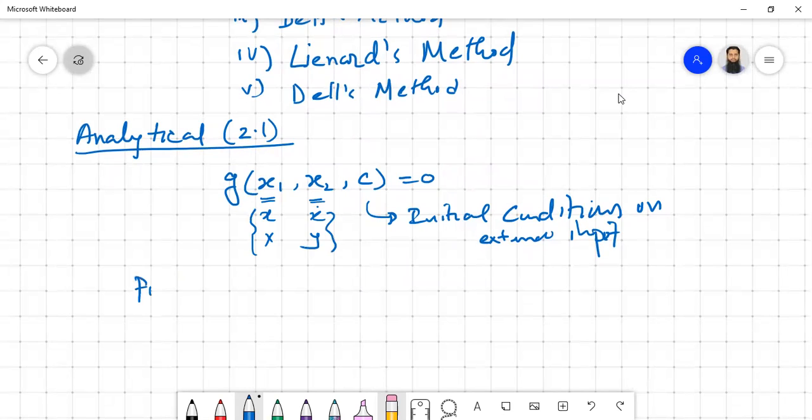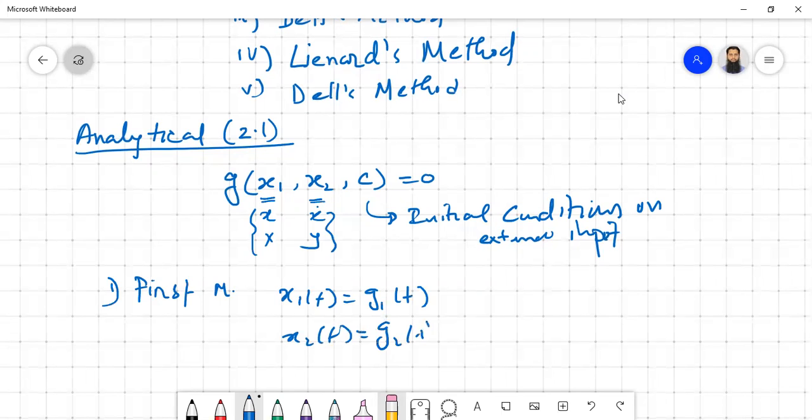There are also two methods inside this analytical one. The first method is the one we saw in example 2.1. Basically, x1(t) is g1(t) and x2(t) is g2(t), so both of them are functions of time.